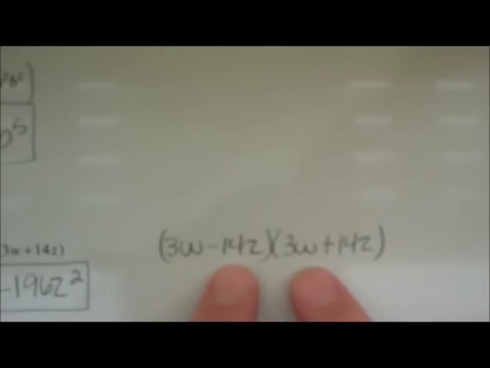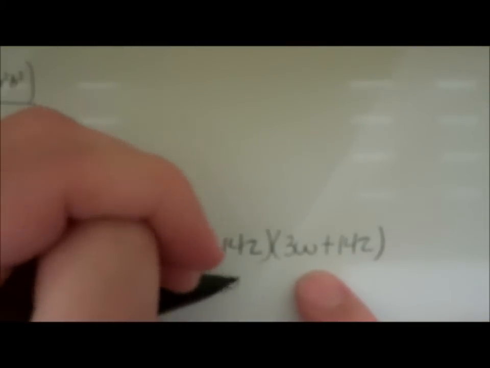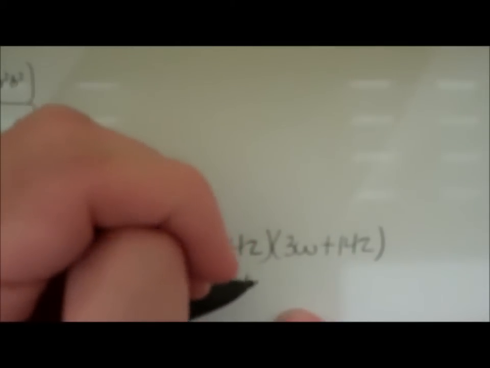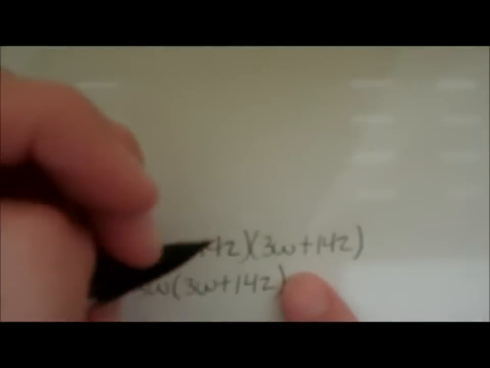Now when you work it out the other way, you take this 3w and multiply it by 3w plus 14z, I'm sorry. And then you take this negative 14z and multiply it by 3w plus 14z.